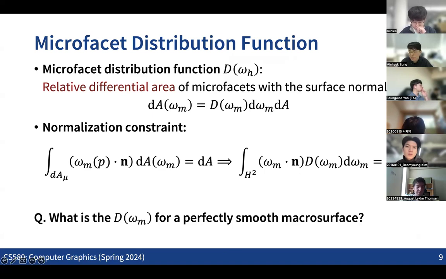So we can basically represent this function as the Dirac delta function. The output should be the Dirac delta function, taking the difference between omega m and the vector n as the input, right?